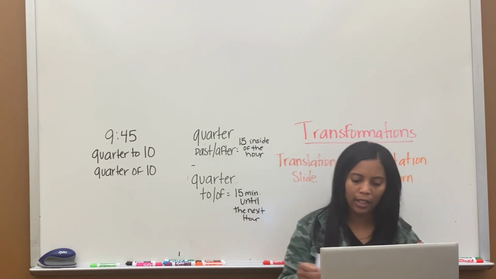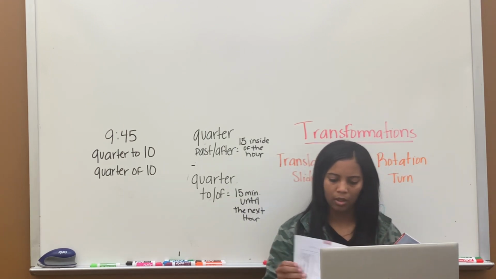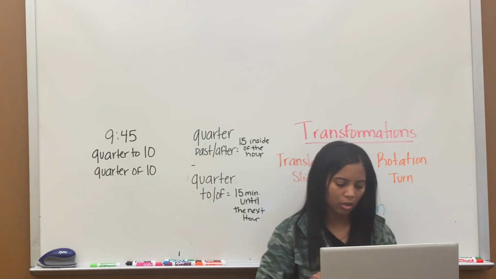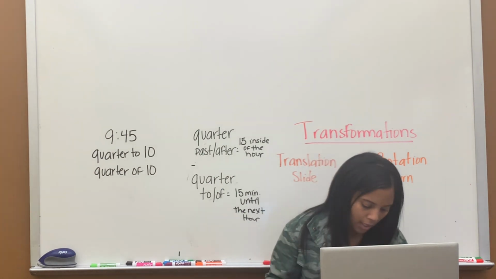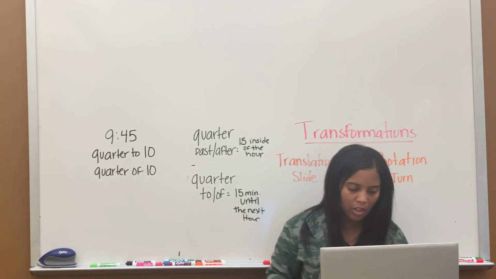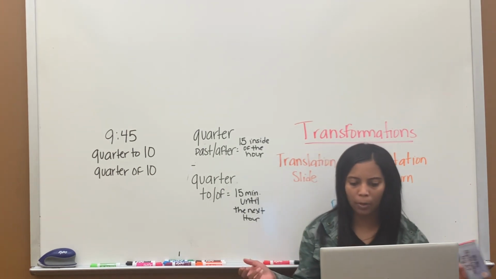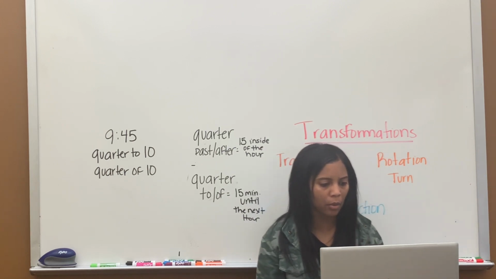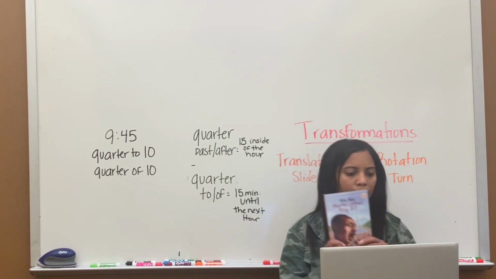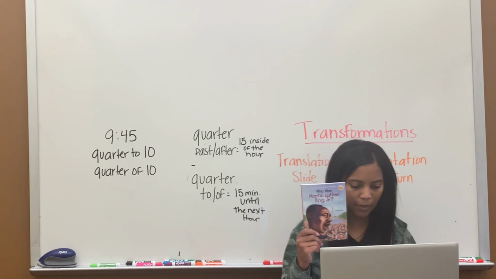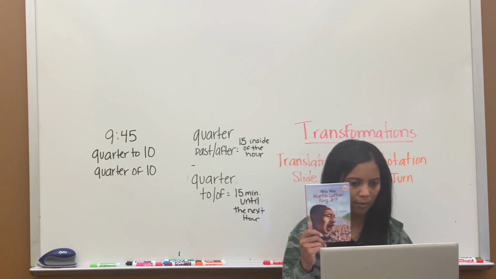If you look at the top of your page, you have your objects. Do you see the part where it says translation, slide? Put one of your objects, the man or the cat, face up inside the empty box. Everybody's doing that?